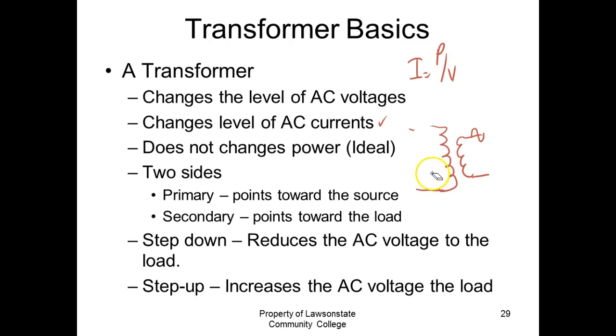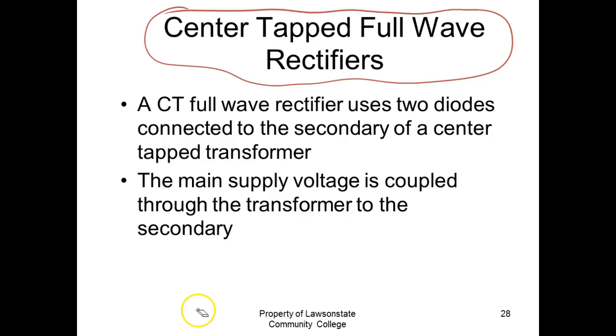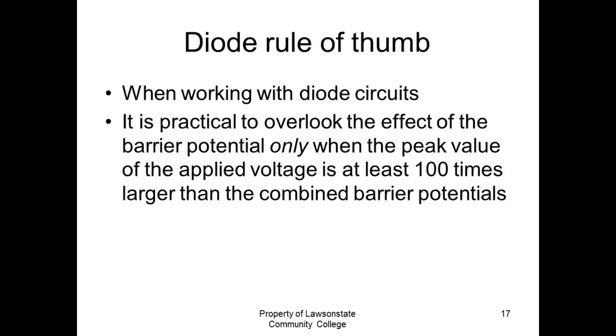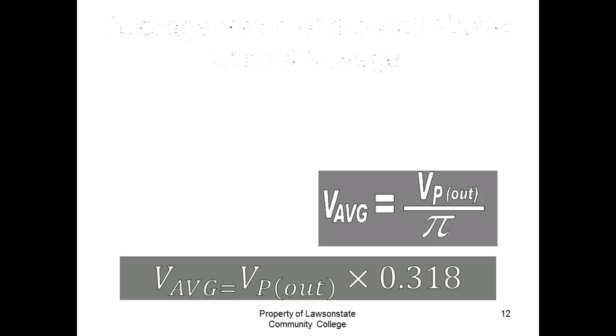Everybody understand the primary. The primary is the one that's pointing back to the actual true source of the voltage. We call that the primary. So when we come from Alabama Power, we're going to come from a lot of different voltage sources, right?